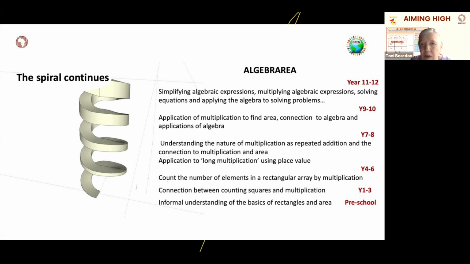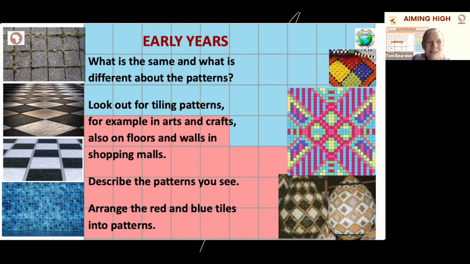And then by the time they're 15, 16, they should be able to do all these things, applying multiplication to find the area of rectangles, but also connecting that to algebra and applications of algebra. And then finally to solving problems, a little bit more complex problems for the older student. We're going to explore the possibilities throughout this theme from babyhood and early years through to school leaving.